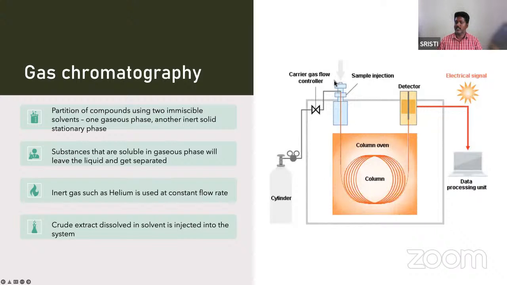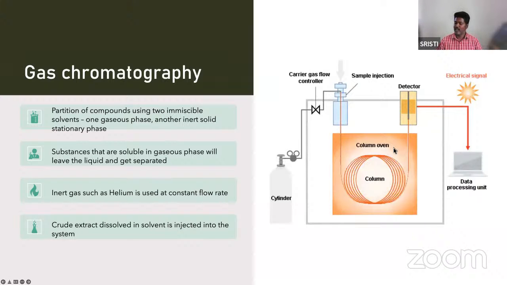Once the sample reaches the column oven temperature, due to the high temperature, the compound present in the solvent system is evaporated and it gets mixed with the gas that is flowing through. The gas will then carry the molecules throughout the column.